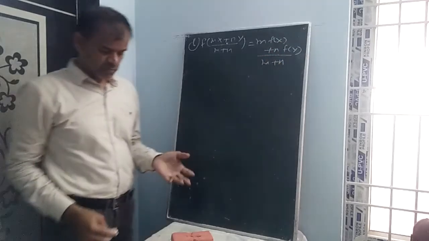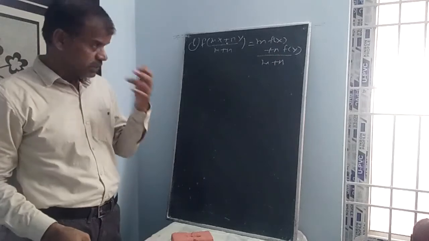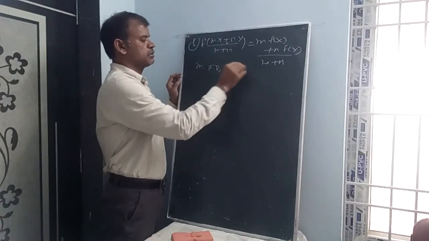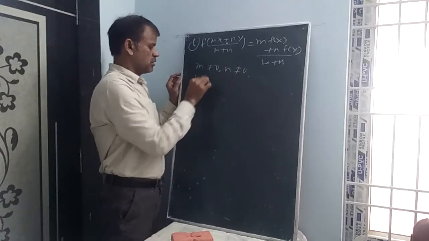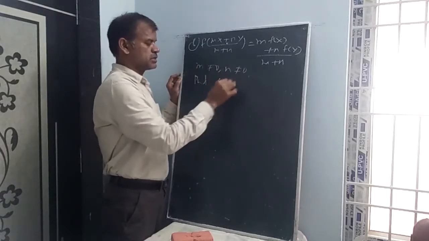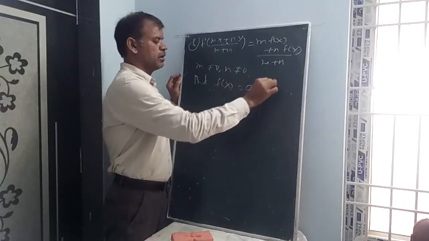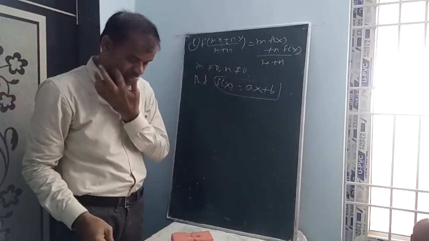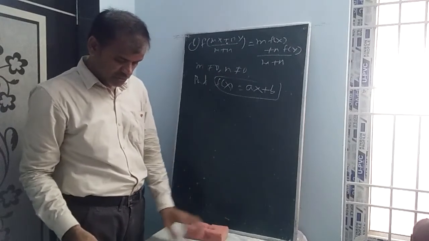Of course, here m and n should not be equal to 0. Then put f of x is equal to ax plus b, this is called a linear polynomial, and you substitute the value, you can get the same answer. This is the functional relation.